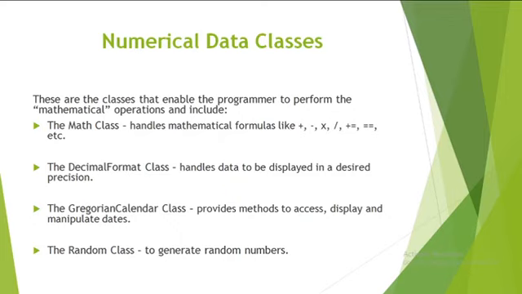And the Random class is to generate random numbers. It can be used in many places, maybe if you are creating a dice game, or you want the computer to randomize a set of numbers and give you a result.